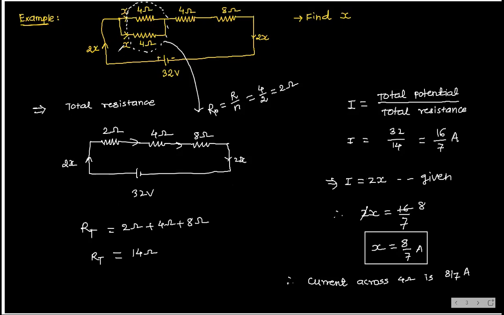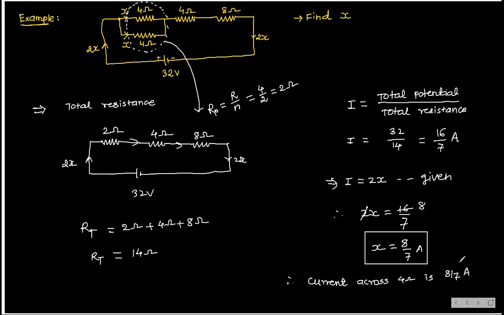If you go that method, you have to find V1 across this, then V2 across this 4 ohm, and V3 across this. Not that method. 32 is not the potential difference across each resistor. I will tell you in the next one.